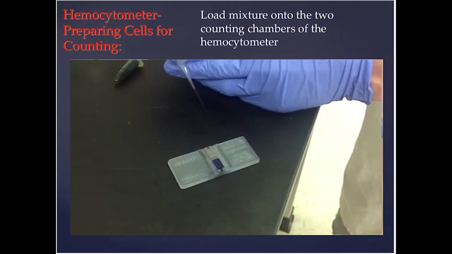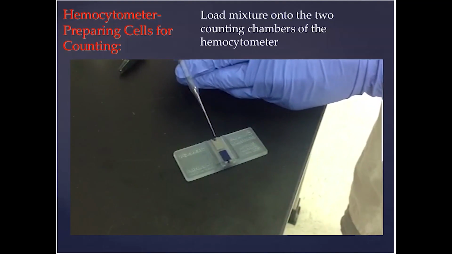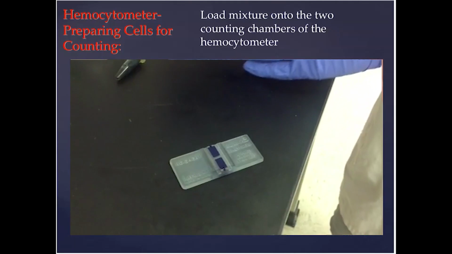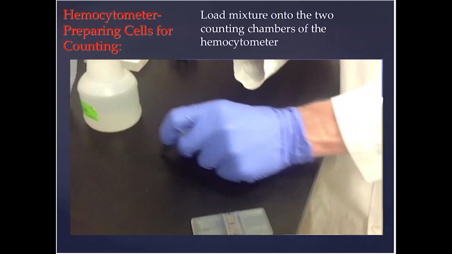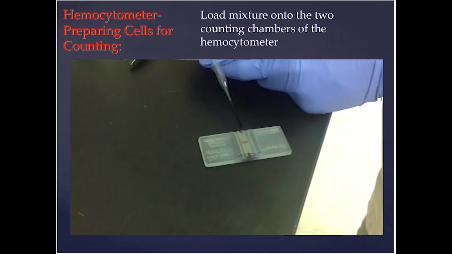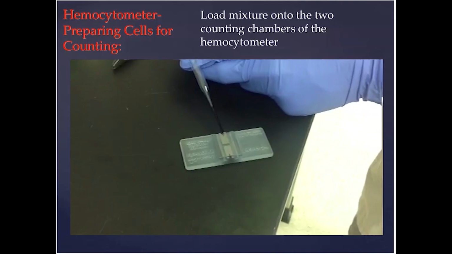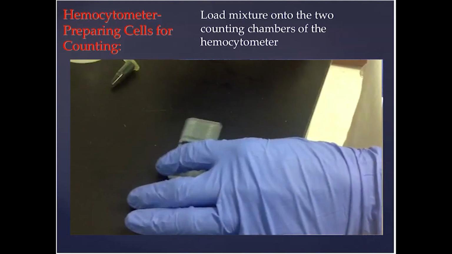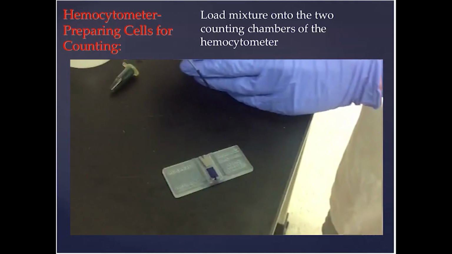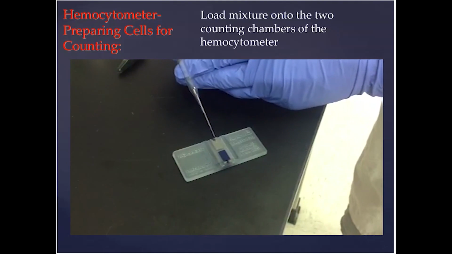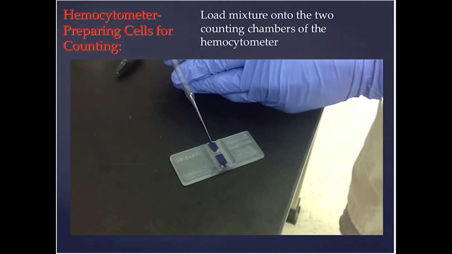Each of the 2 counting chambers is loaded. The liquid flows directly into the hemocytometer, and one of the things, or a common mistake that is often made, is that the chambers are overfilled or underfilled, and that is one of the technical aspects of loading up a hemocytometer that you have to master when you're using this kind of method.